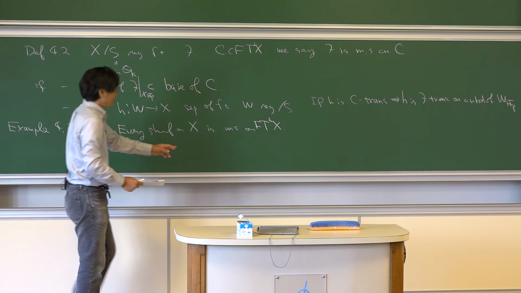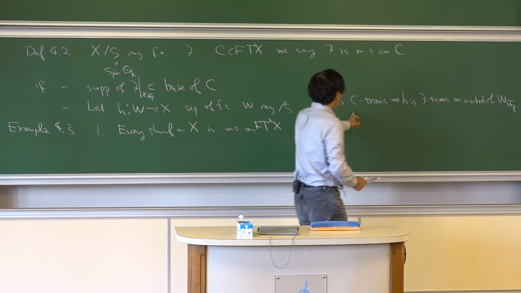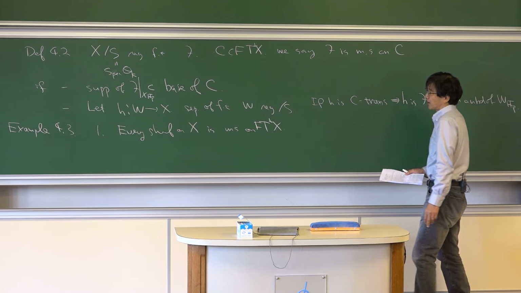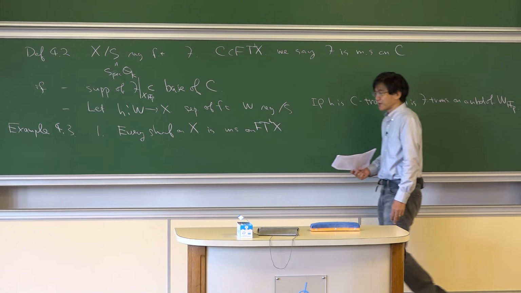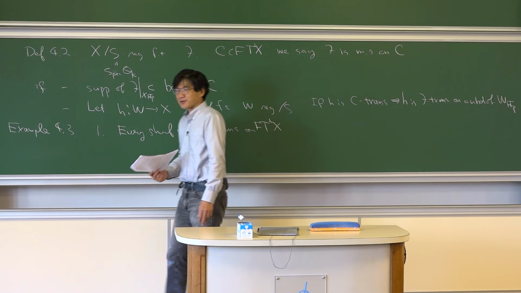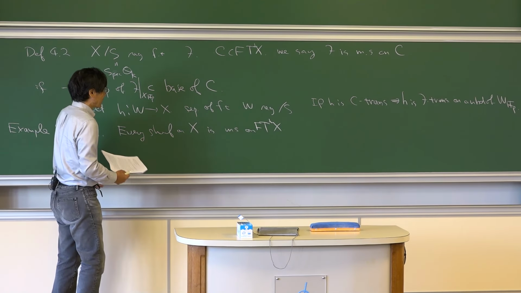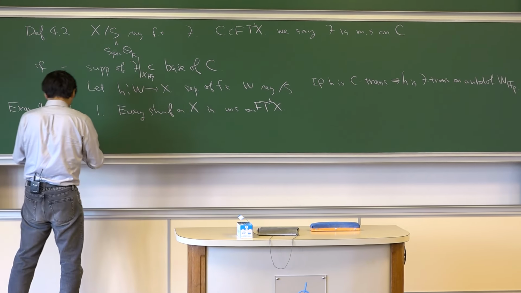Because in this case, C-transversality implies smoothness on the neighborhood of the closed fiber, and a smooth morphism is transversal with respect to any sheaf. So we have this property.